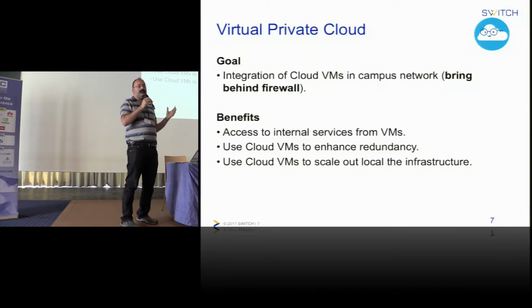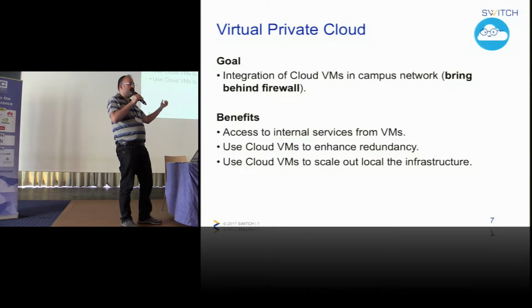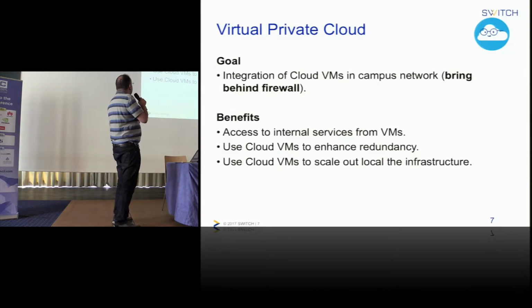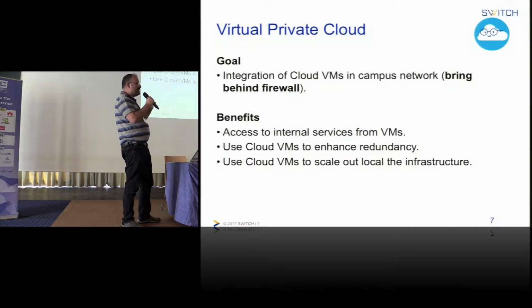You have some workloads and you want to extend them, but you feel very uneasy to make the 2 things work together because of firewalling rules. So the benefit of the virtual private cloud is that you will see these VMs already behind the firewall. You can start the VM and you decide, when we set up the system, on what network these VMs will appear.